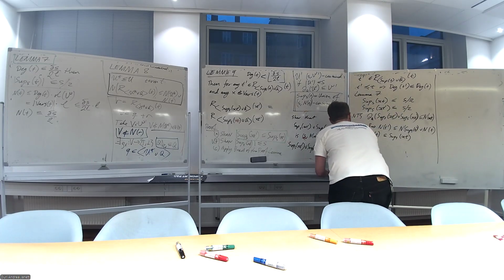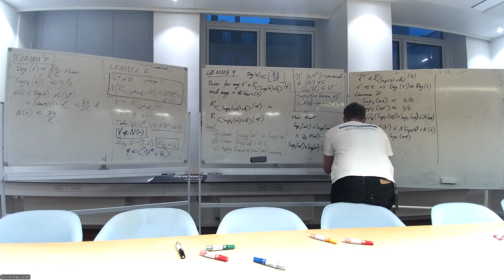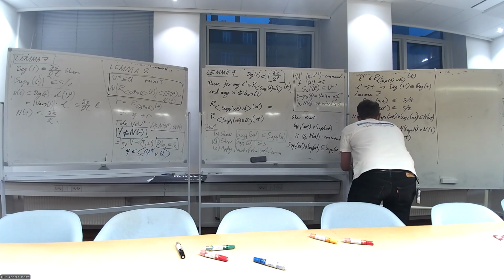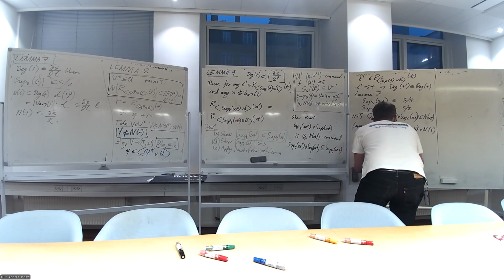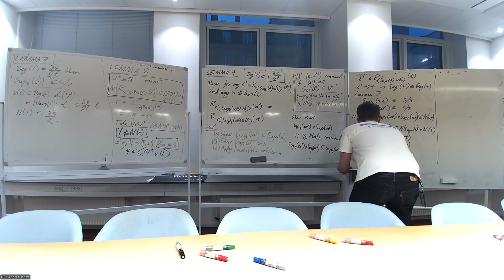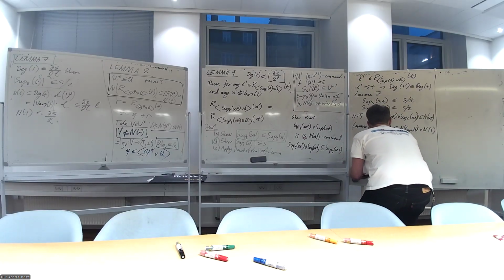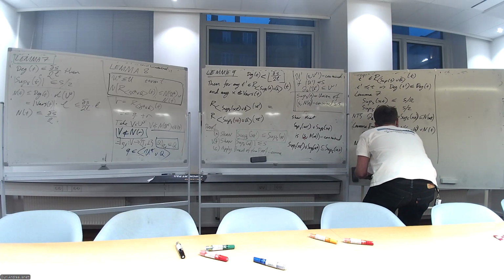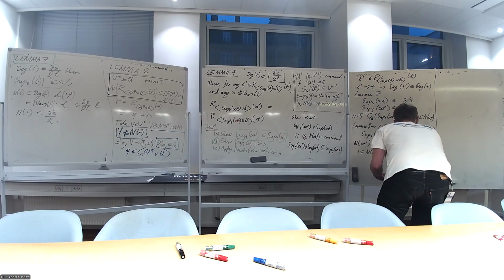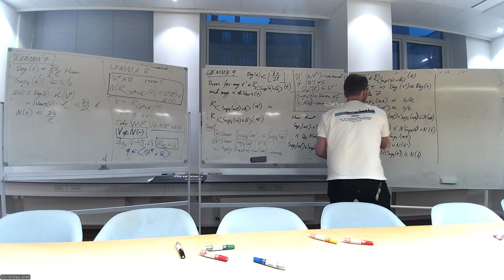So if I just combine this, I get that the neighborhood of xt prime is the neighborhood of x union the neighborhood of t prime, which is inside the neighborhood of x union the neighborhood of the support of t union the neighborhood of t, where I'm using this.